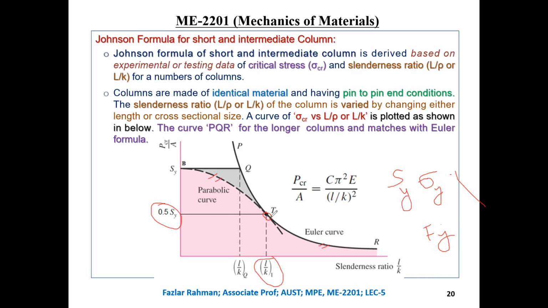So this is one condition, that if L by rho is this much, then this column fails at 0.5 of yield strength. And this point T lies on the Euler curve and also lies on the parabolic curve. The other thing he observed was how much maximum stress a column can allow.